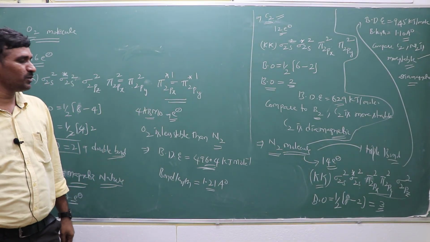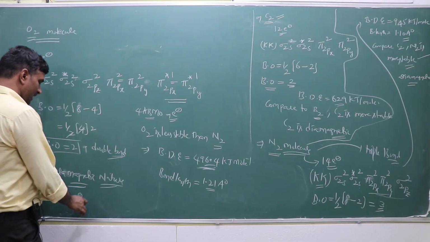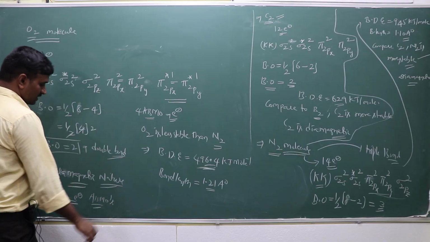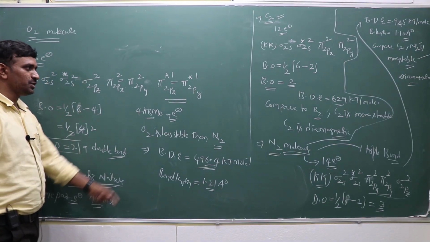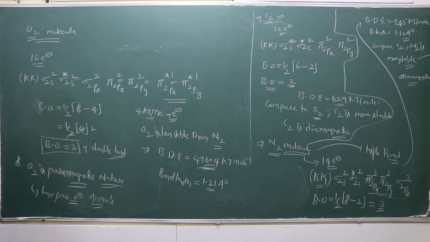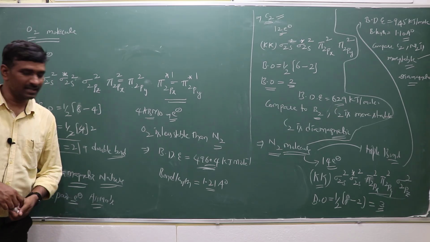Only one electron each. Unpaired electrons are present in the antibonding molecular orbitals. So due to that, even though the bond order is 2, an even number, it is paramagnetic in nature.